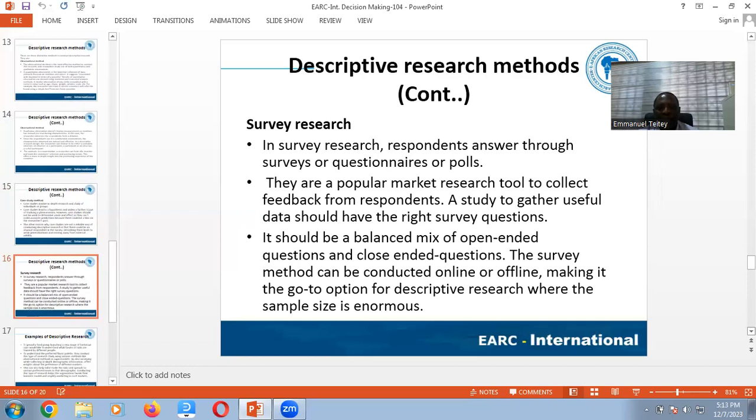A study to gather useful data should have the right survey questions. It should be a balanced mix of open-ended questions and closed-ended questions. The survey method can be conducted online or offline, making it the go-to option for descriptive research where the sample size is numerous.